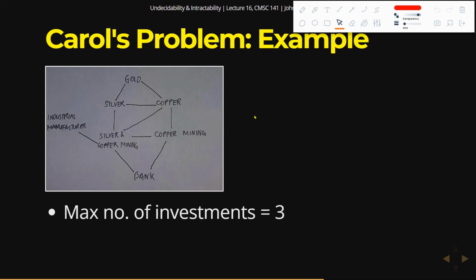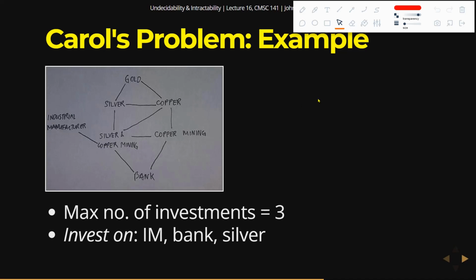Okay, so the maximum number of investments possible is 3, and that would be industrial manufacturing, the bank, and silver. This is valid because silver is not related to industrial manufacturing.